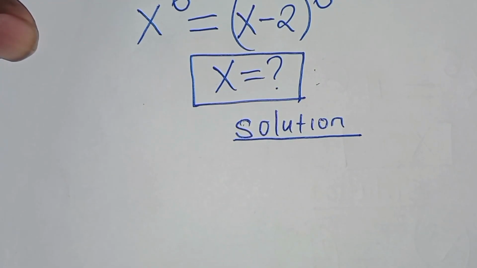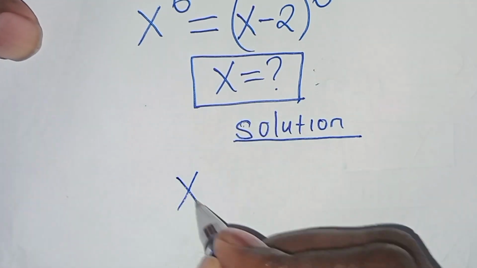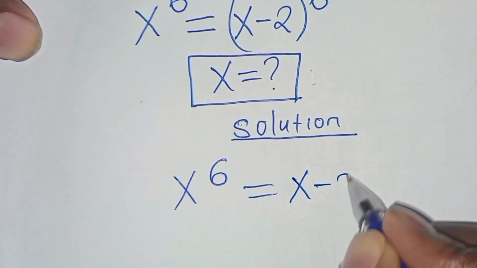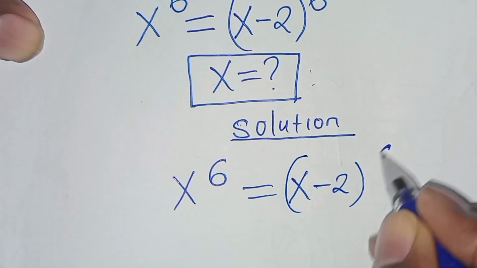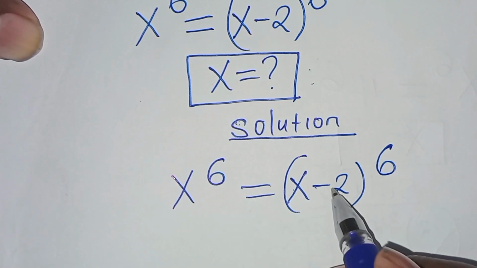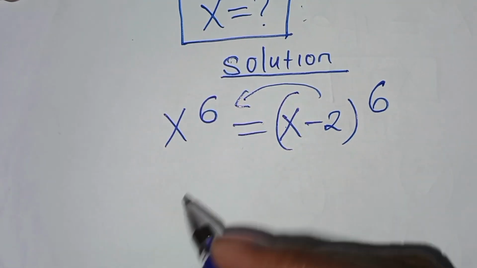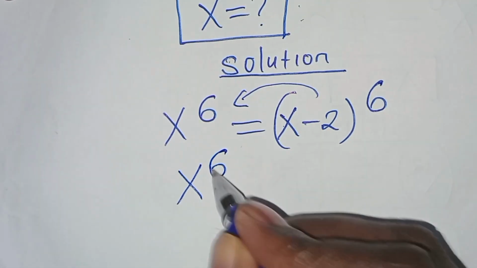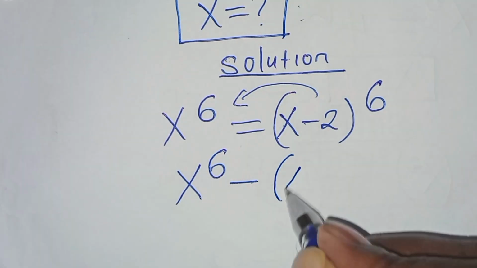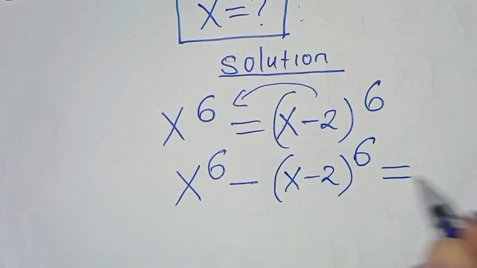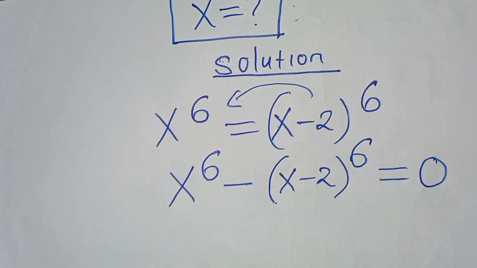Now, from here we have that x to the power 6 is equal to (x minus 2) to the power 6. The first thing is to take (x minus 2) to the power 6 to the left hand side, so that we have x to the power 6 minus (x minus 2) to the power 6 equal to 0.